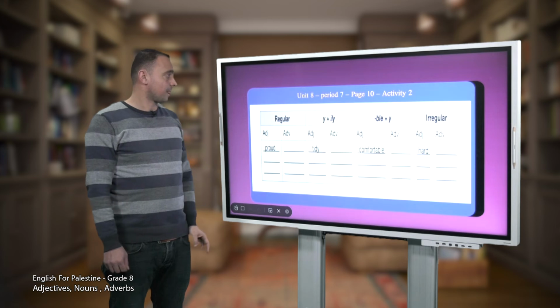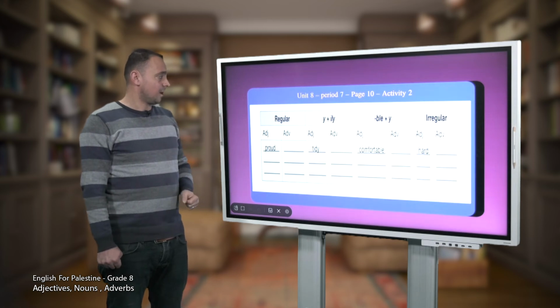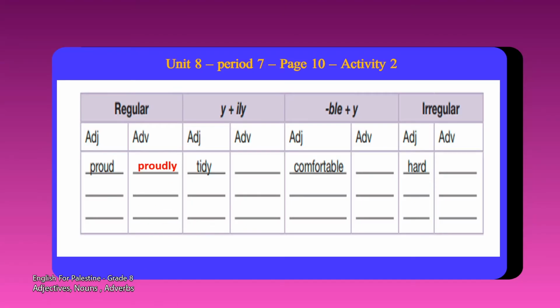Let's continue. Look at this table. We are going to complete the sentences or the words with the correct form. We start with the regular. Here we have adjectives, and we are going to form adverbs from these adjectives.